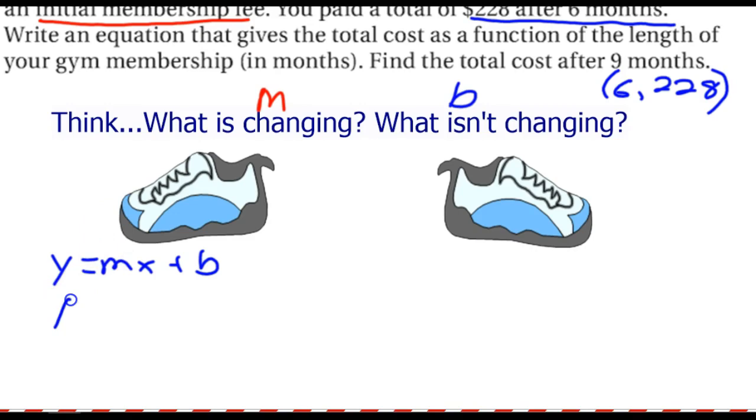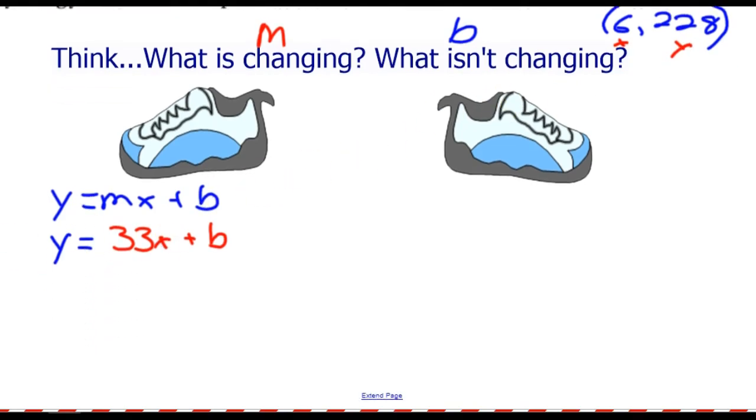So our equation then would be y equals 33x plus b. Now if we came up with our point 6 and 228, the 6 is going to be our x, and the y will be the 228. So we can put that into our equation to find b.